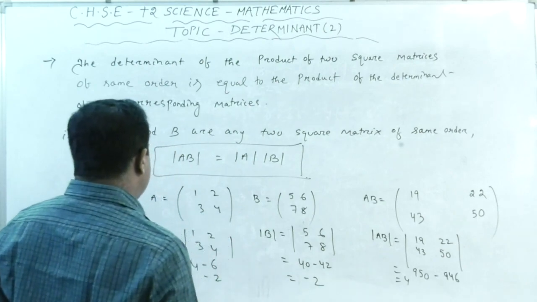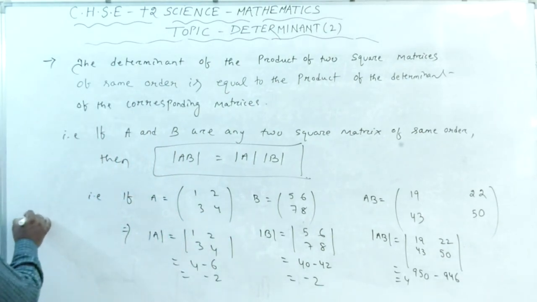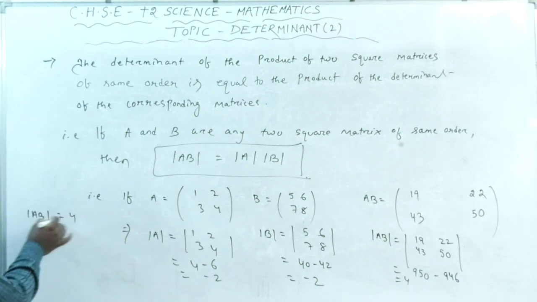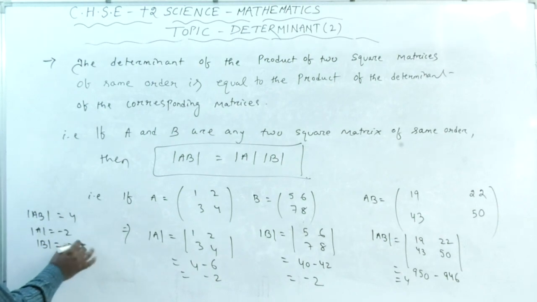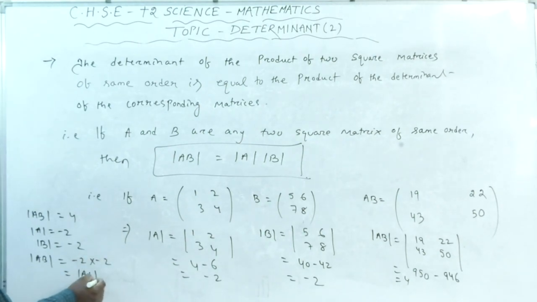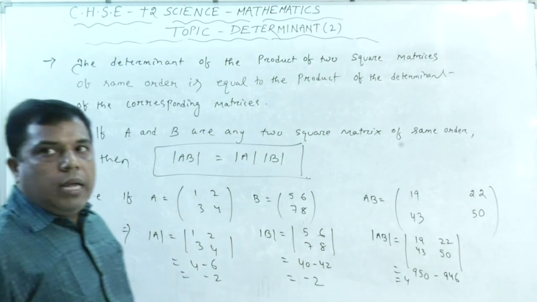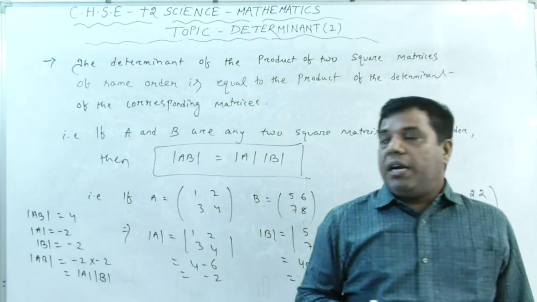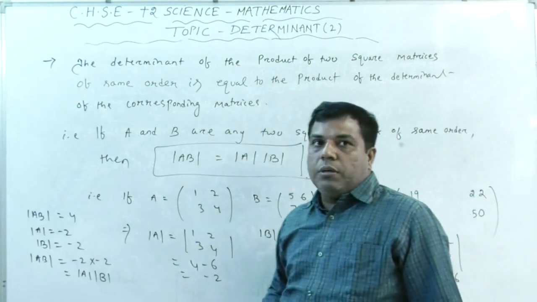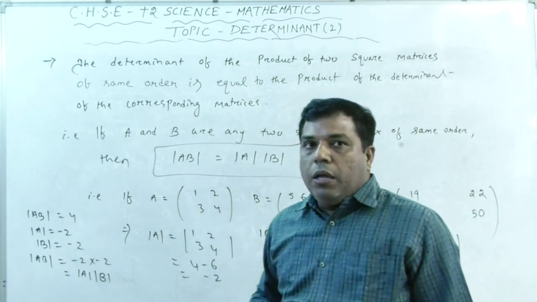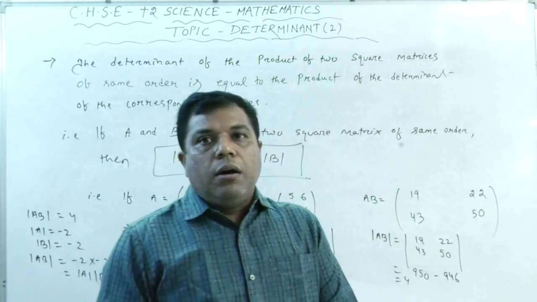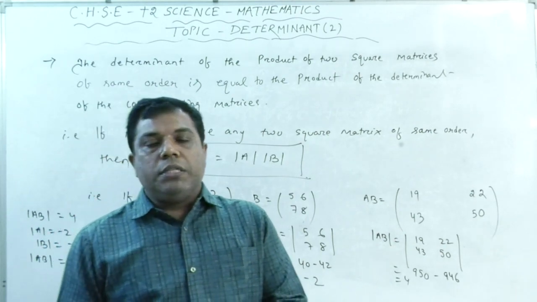Now if you compare, you can see determinant of AB is 4, determinant of A is minus 2, determinant of B is minus 2. So determinant of AB is equal to minus 2 into minus 2, that is determinant of A into determinant of B. Dear students, I hope you are able to understand this property and all the determinant properties.